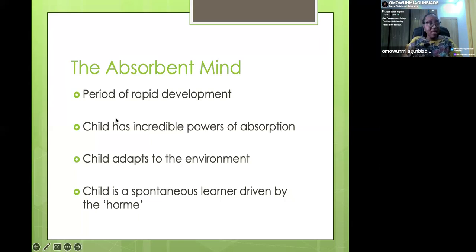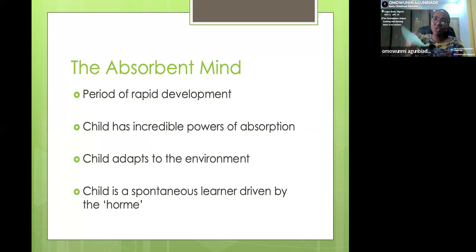Let me quickly say this now, in case I forget. What you are going to do is get index cards. It will help you. I used to have a lot of these during my course. I don't know if you find them in shops here, maybe on Konga.